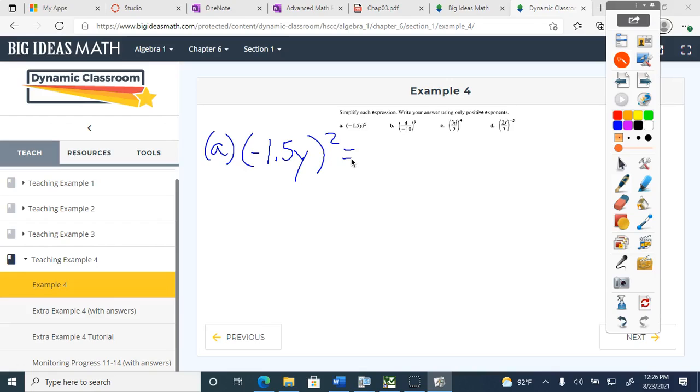You did negative 2 for some reason. What do you get? 2.25. What's wrong with your calculator? You didn't put it to the second power. You just multiplied it by 2. You press the big O right there.